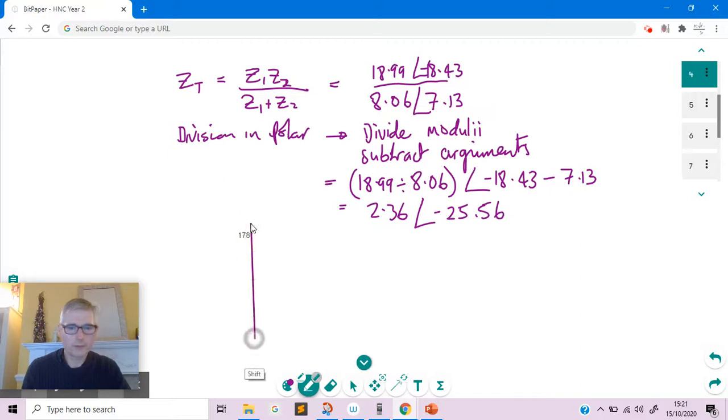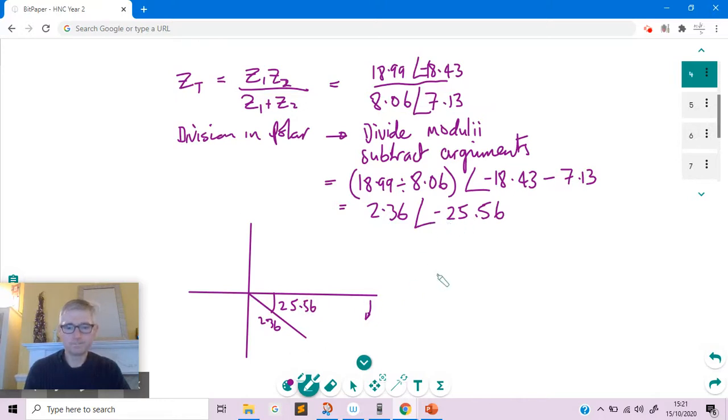So if we can imagine here's our complex number represented in an Argand diagram again. So what we've got is a line that's 2.36 in length with an angle of, because it's below the x-axis or the real axis, then it's negative. So that angle itself is 25.56, but it's a negative argument there because we've gone in the negative direction.